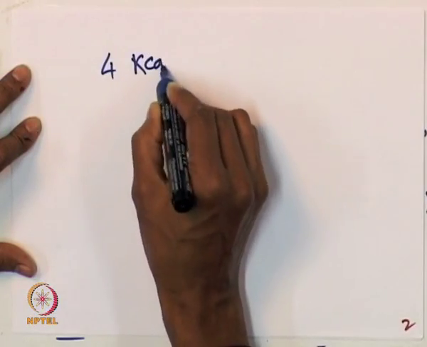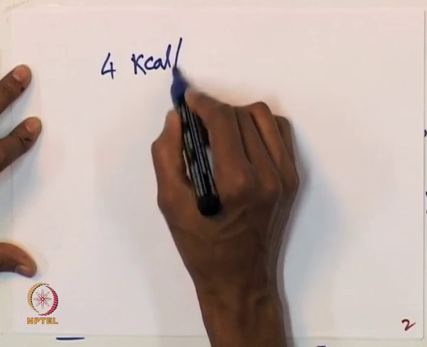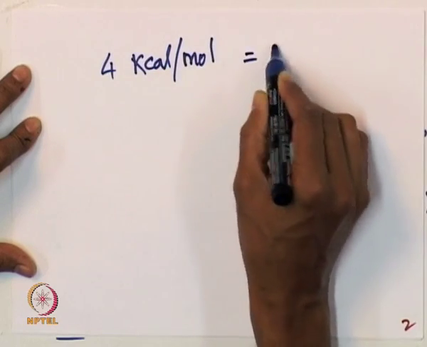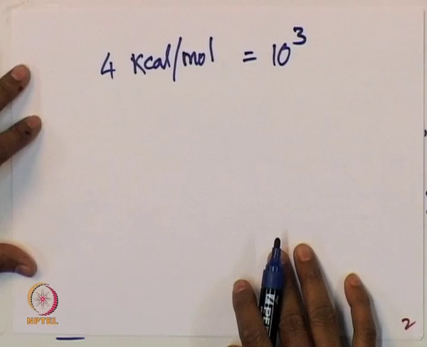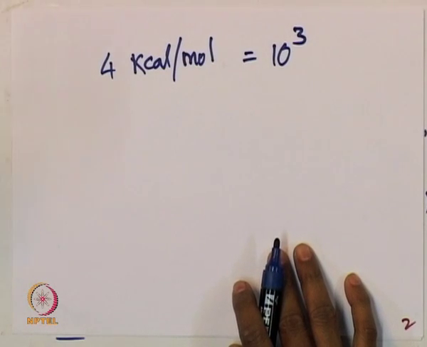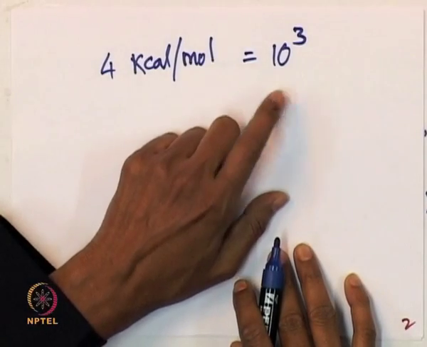We are trying to give you a ballpark figure. So, approximately 4 kcal per mole equals 10 to the power 3 times rate difference. If there is a difference of 4 kcal per mole in the delta G double dagger value, then you should expect 10 to the power 3.